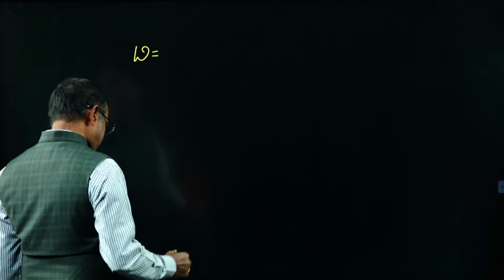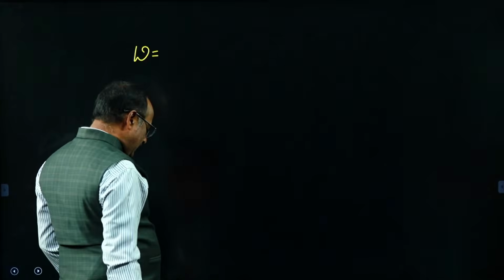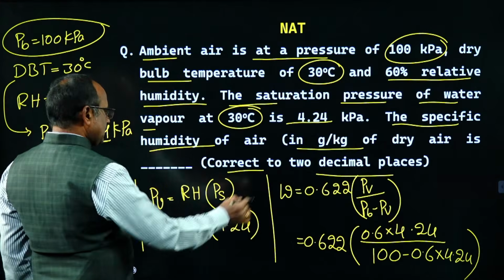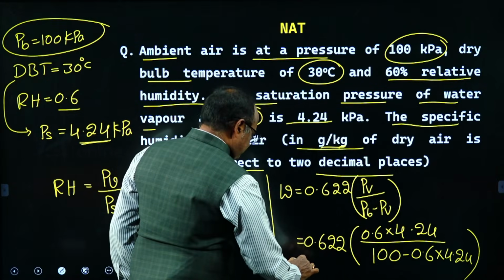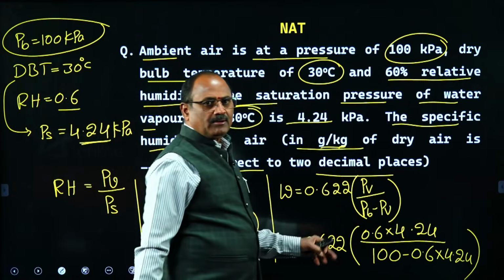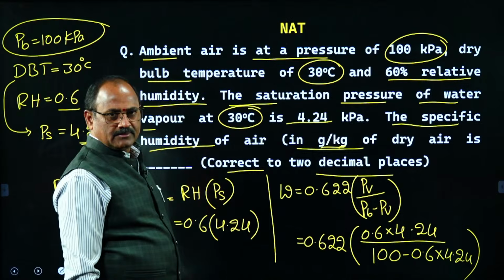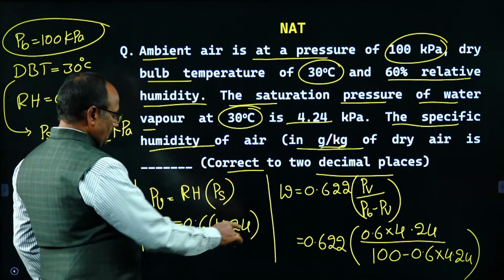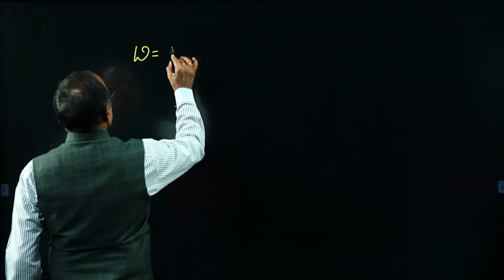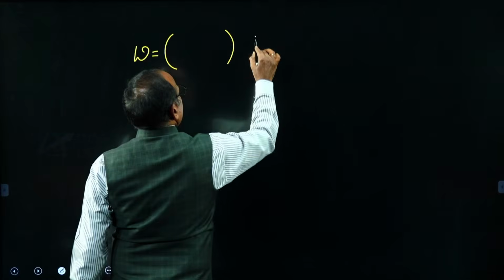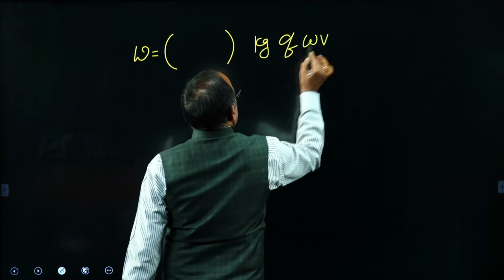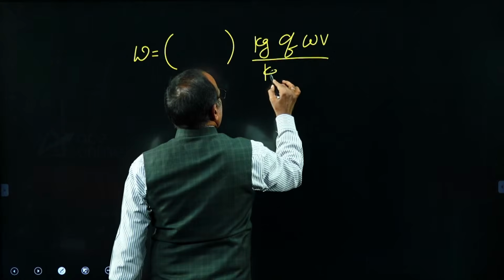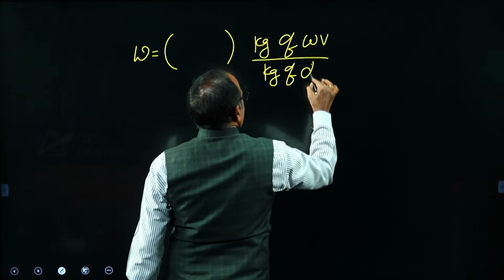Since it is asking grams per kg of air, from this formula you are getting kg of water vapor per kg of the dry air, right? From this formula we are getting some value which is in kg of water vapor per kg of dry air.